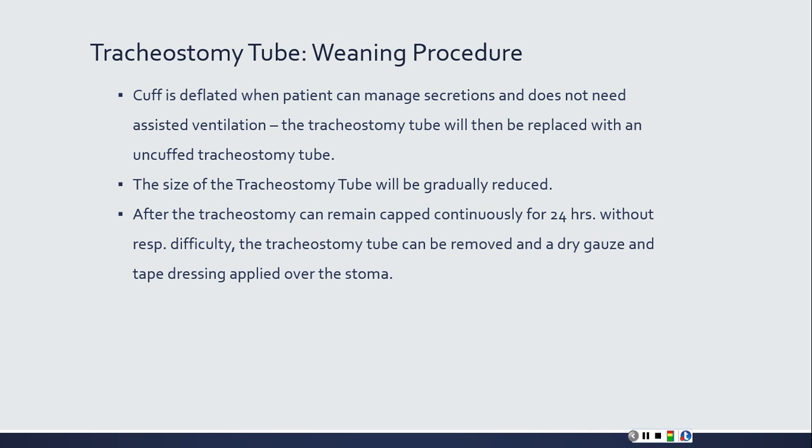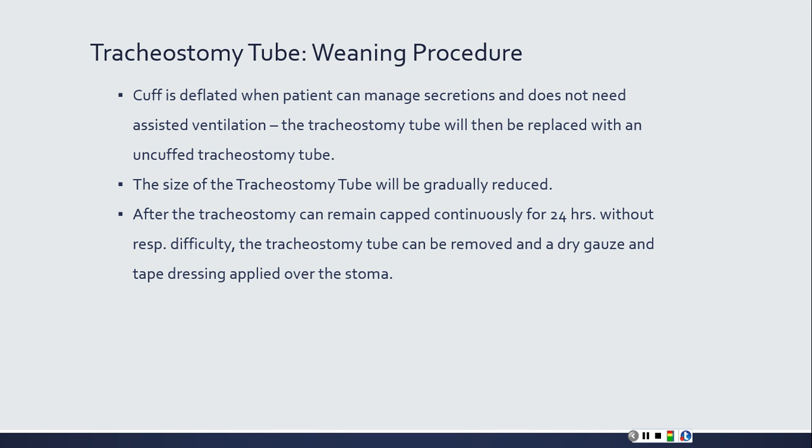But on the other hand, if you walk into the room and the patient's really struggling to breathe, if they're gasping for air, hopefully it's your patient, so you're not having to worry about taking it off. You can take that cap off, and that's now an open airway. It may be that they just can't tolerate the capping. You can remove the cap and provide oxygen by the tracheostomy tube, and that allows them to breathe again.